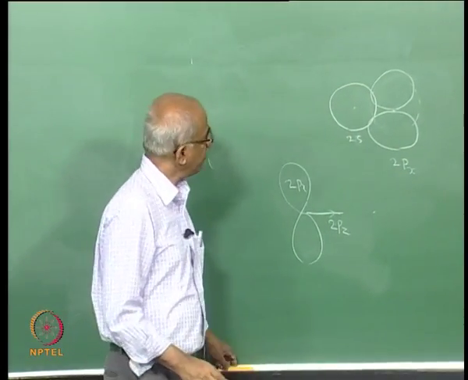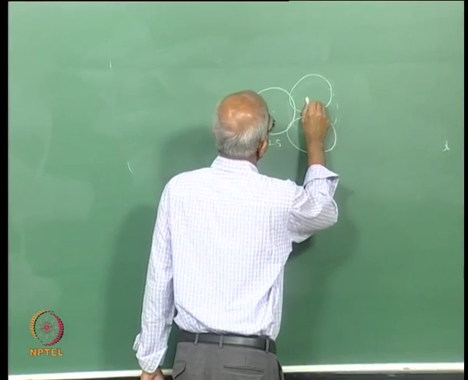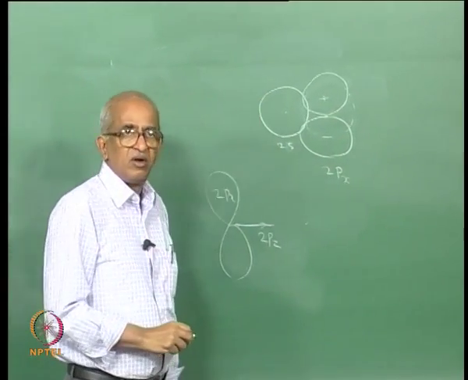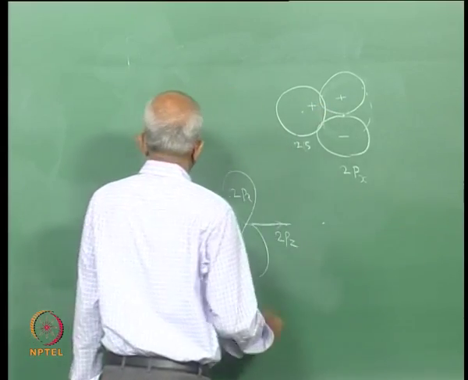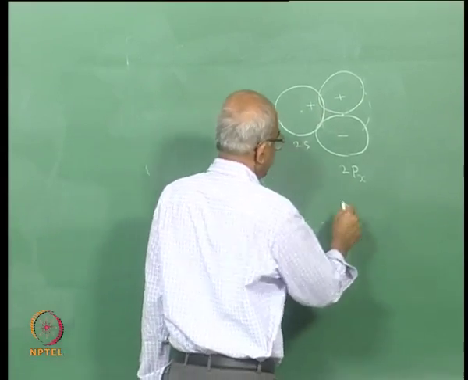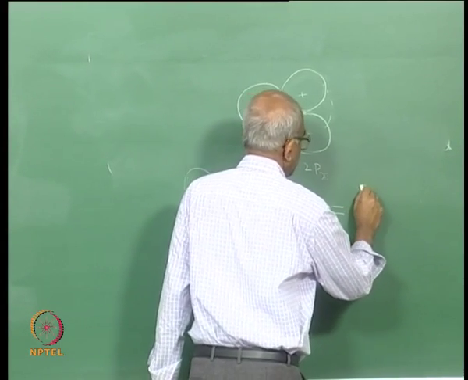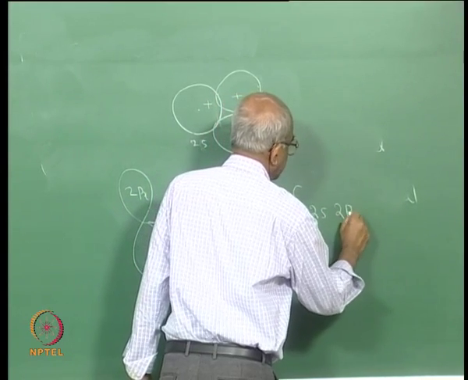Now, if you think of 2px on the second atom, remember 2px has 2 lobes, one lobe is positive and the other lobe is negative, while 2s is positive everywhere. So, if you think of the overlap integral, what would it be? You take 2s multiplied by 2px.